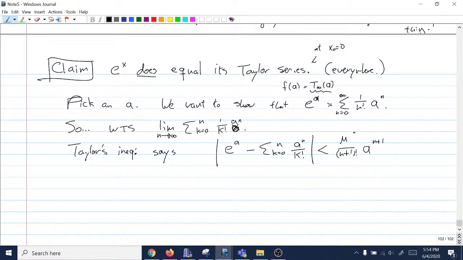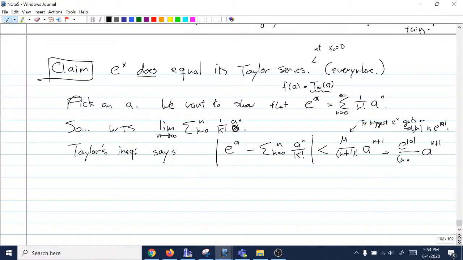The biggest e to the x gets on the interval from minus absolute value a to absolute value a is e to the absolute value a. If I'm doing a specific estimate, this is not a good number to use. I would want to say how big is e to the a.